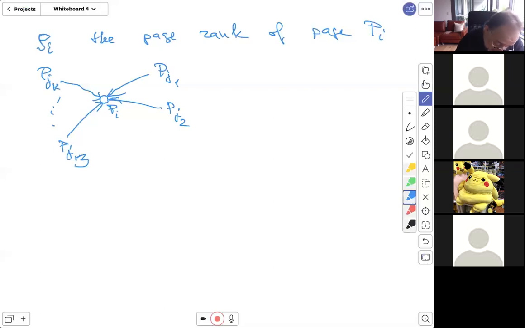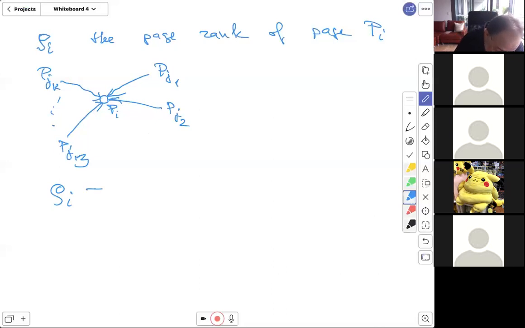So you would like rho i to be large if and only if the pages that point to Pi have large ranks, and they are reasonably stingy with giving recommendations, namely having hyperlinks to other pages. So they don't point to an excessive number of other pages.